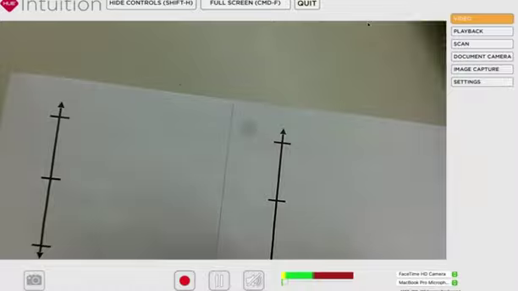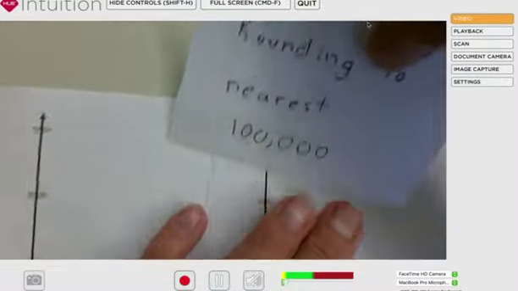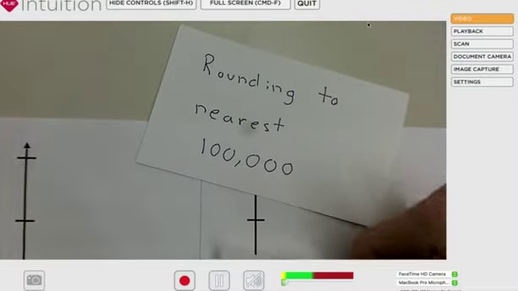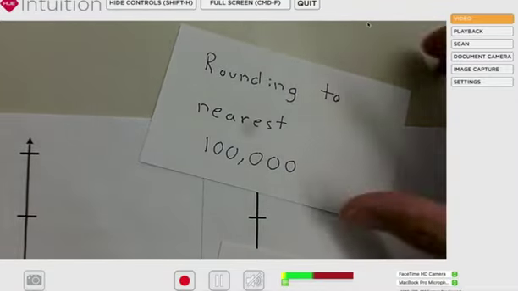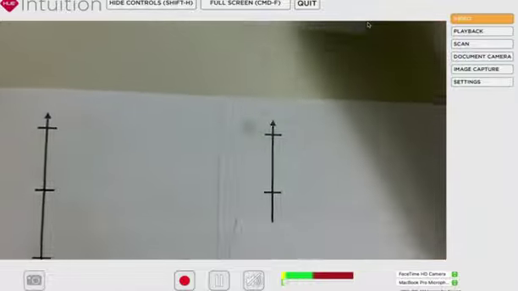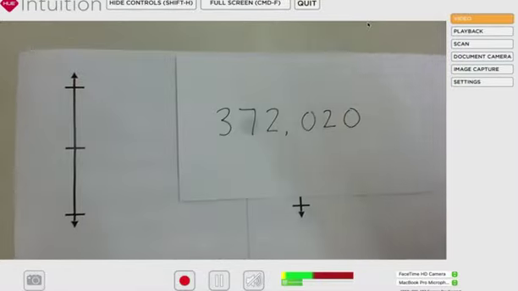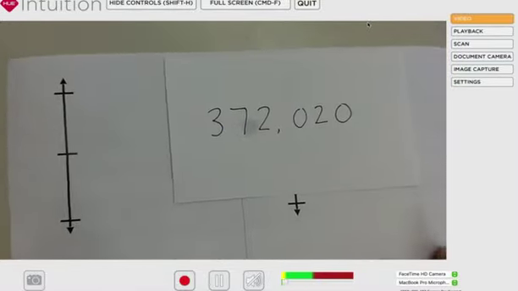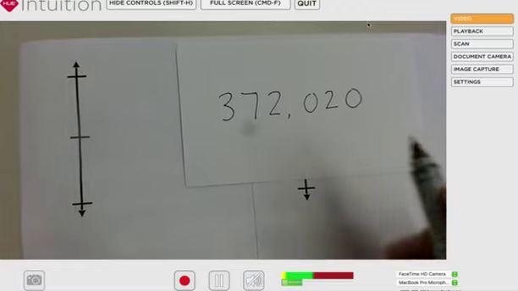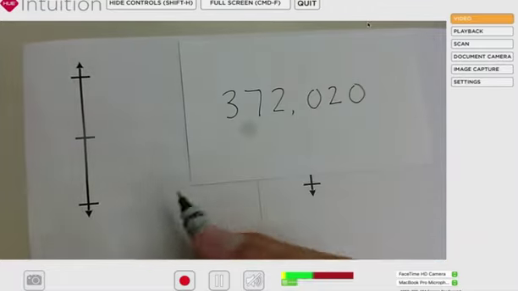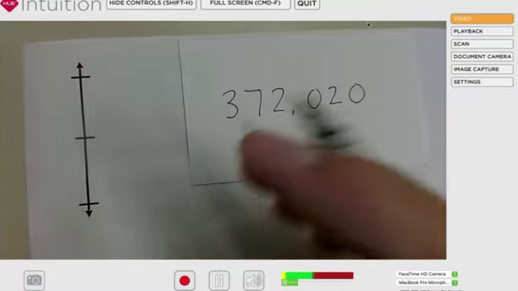Last but certainly not least, I'm only going to do one example with this: rounding to the nearest 100,000. So here we go. This is our target number. We will not be saying how many thousands are in there. We will not be putting down 372,000.